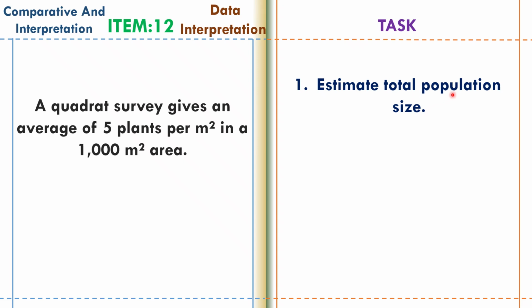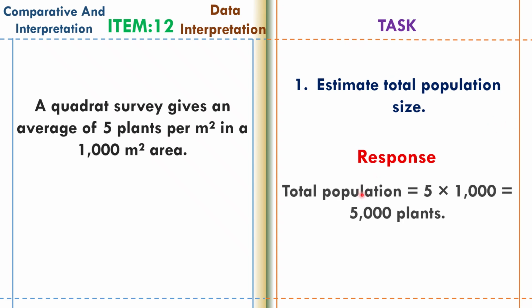Estimate the total population. Total population is equal to the 5 plants per meter squared multiplied by 1,000 meters squared.